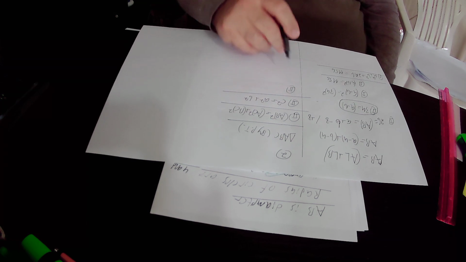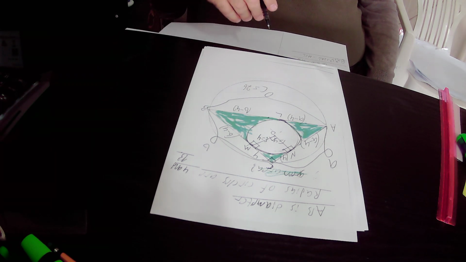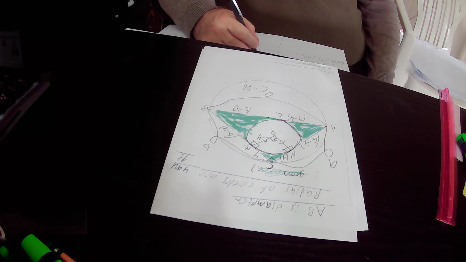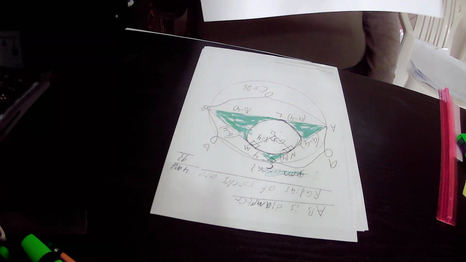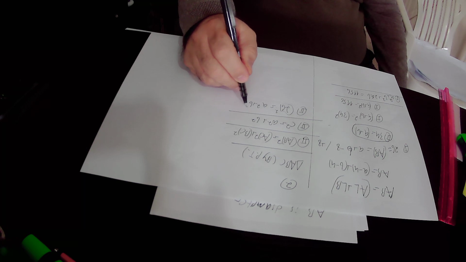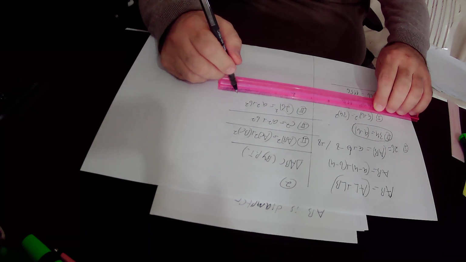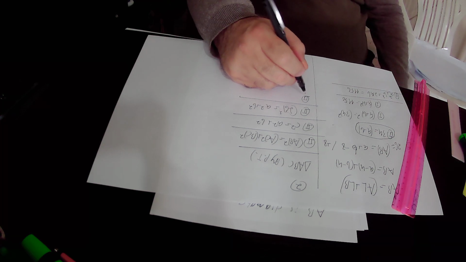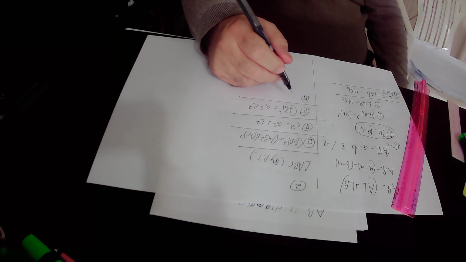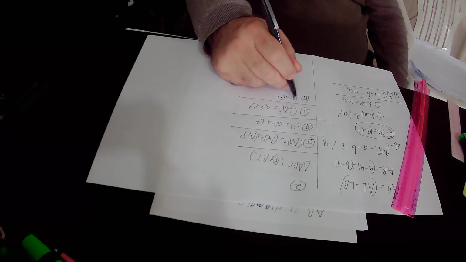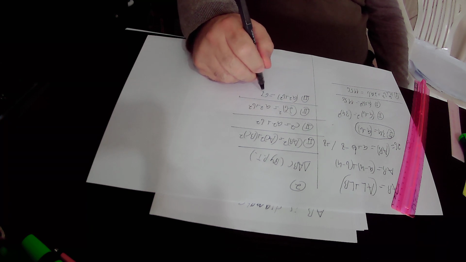But we have already found out that C, the diameter of the big circle, equals 26 units. So C squared will be equal to 26 squared, which is equal to A squared plus B squared. 26 squared is 676. So in conclusion, we found out that A squared plus B squared equals 676.